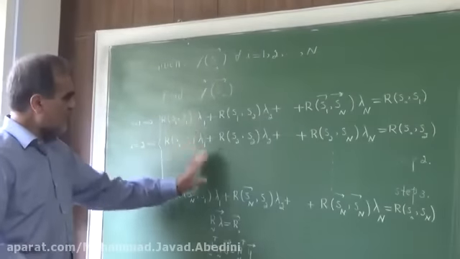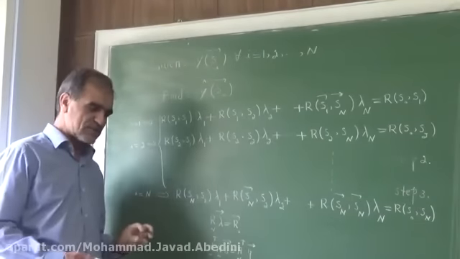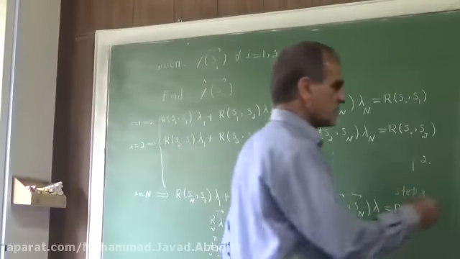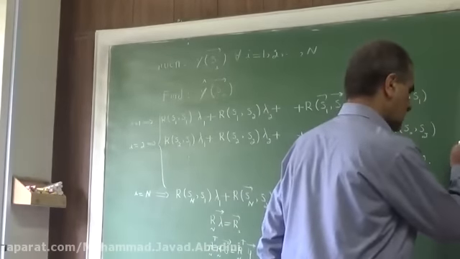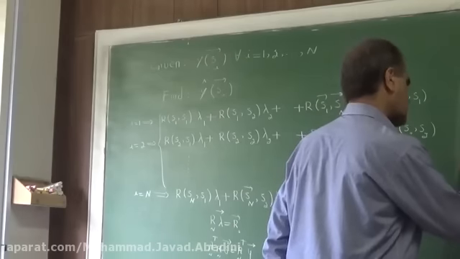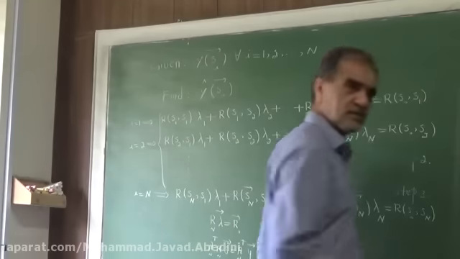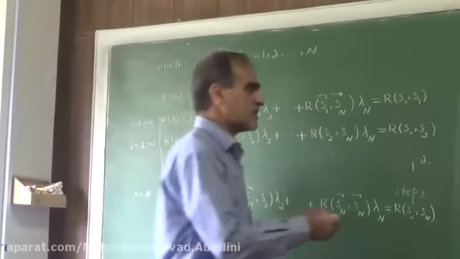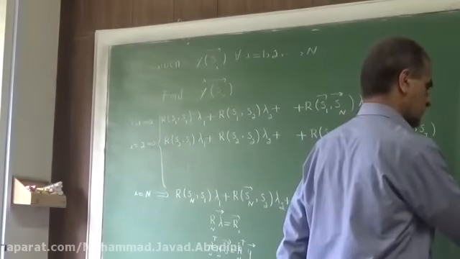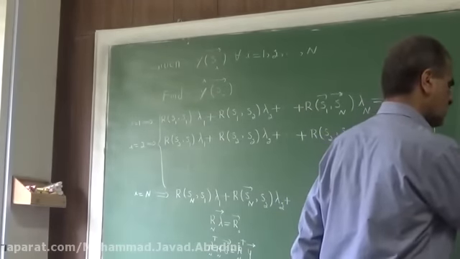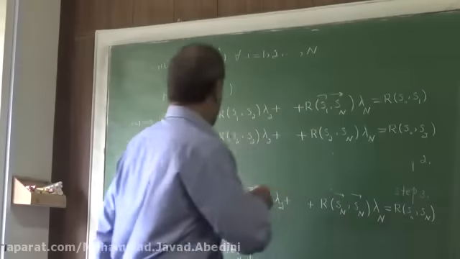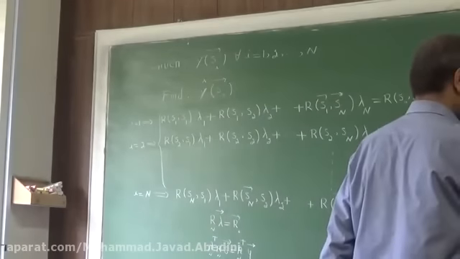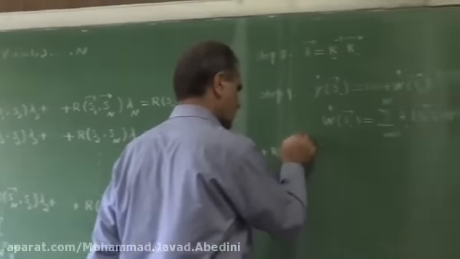If you want to write down this equation as if it is a function of separation vector, then you have to write it as R as a function of 0, because Si minus Si is 0, times lambda 1, plus R of H12, where you may want to call S1 minus S2 or S2 minus S1 a vector.